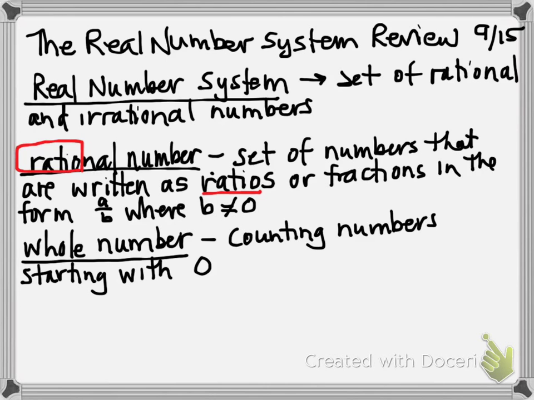You don't do that. When we count, it's 1, 2, 3, 4, or 0, 1, 2, 3, 4. So a whole number is the counting numbers, starting with 0. In the characteristics or facts, I would write excludes fractions, excludes decimals, excludes negatives. That's what I would write for the facts or characteristics of a whole number.